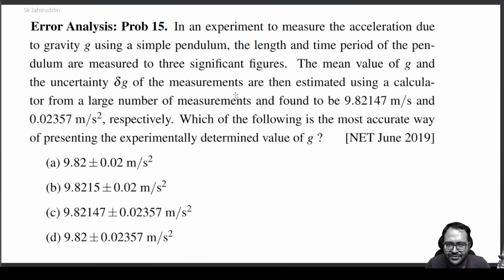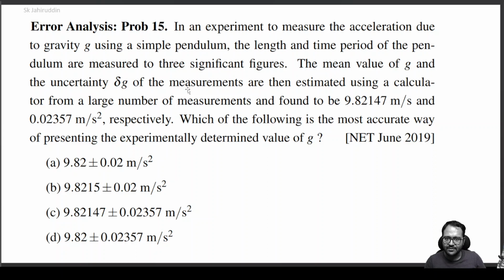We had a very exact same problem which appeared in the CSIR NET exam in June 2019. Just watch over it. It tells you, in an experiment to measure the acceleration due to gravity using a simple pendulum, the length and time period of the pendulum are measured to 3 significant figures.